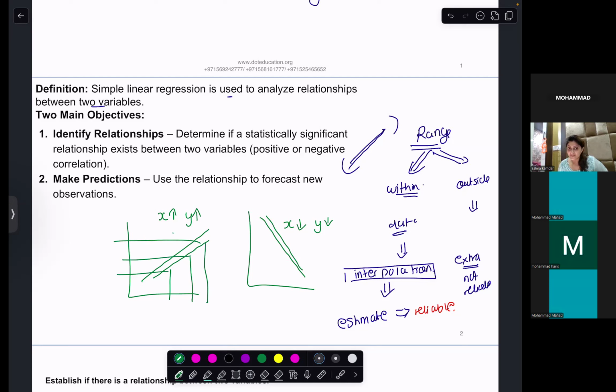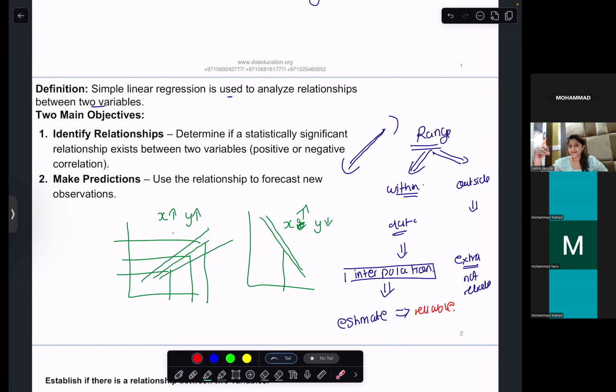When x increases, y increases: positive. When x increases, y decreases: negative. This is negative correlation.